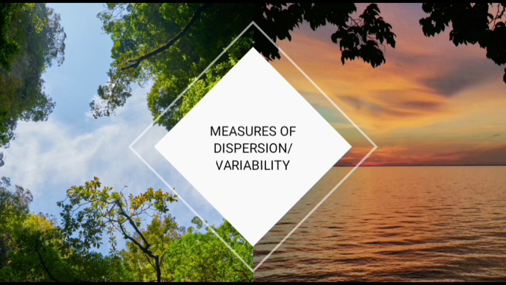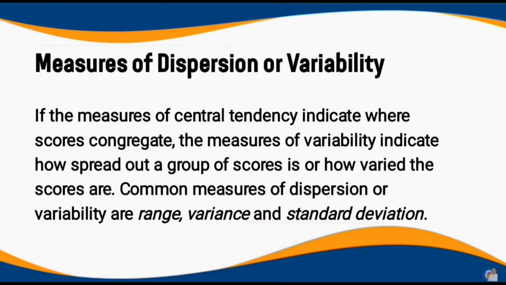So this time, we are going to tackle measures of dispersion or variability. If the measures of central tendency indicate where scores congregate, the measures of variability indicate how spread out a group of scores is, or how varied the scores are.